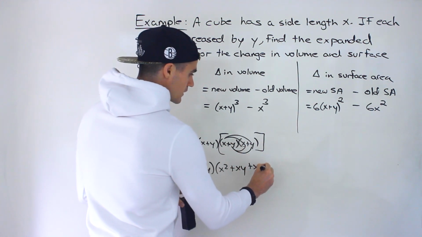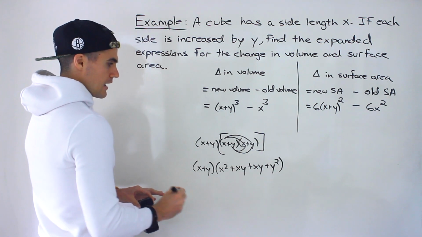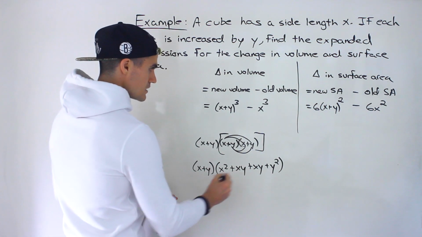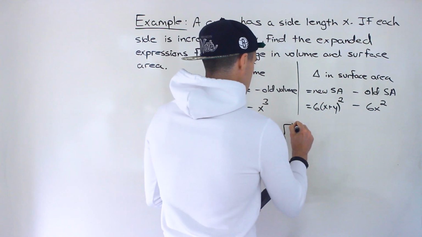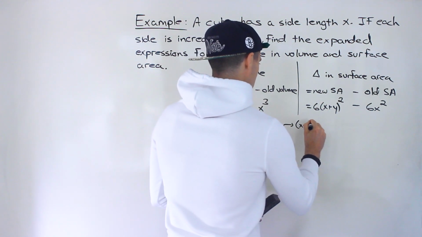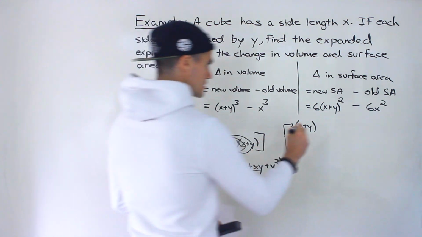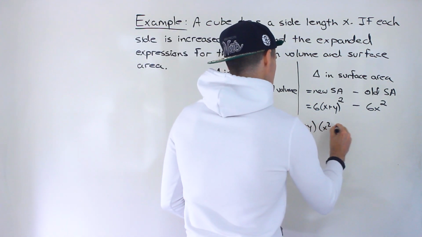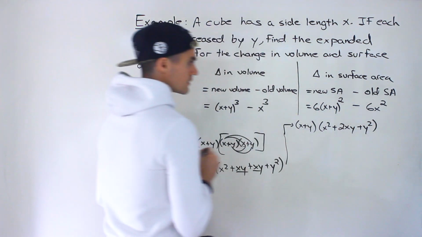And then y times y gives us y squared, like that. And then you could simplify that bracket because this and this are like terms. So we'll have x squared plus 2xy plus y squared, like that.